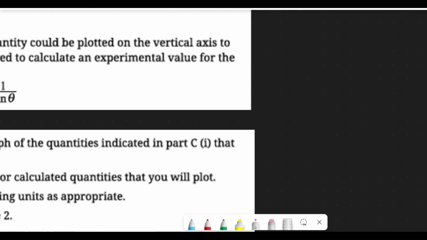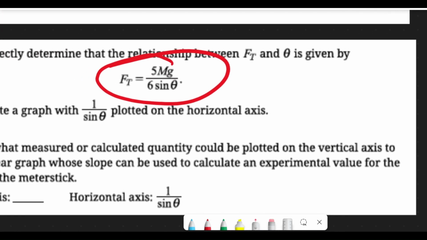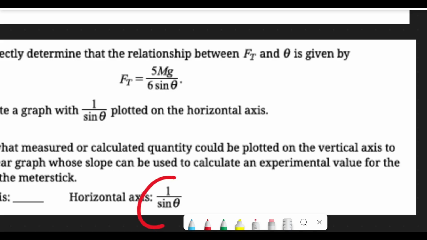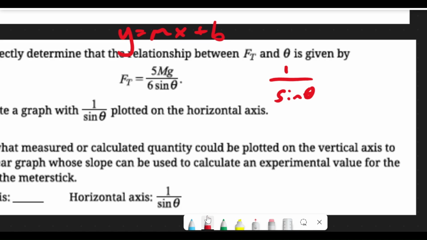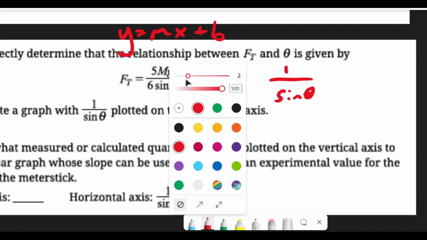So if I have this equation right here, what can I put on the y-axis if I know that my x-axis has this on it? The way that I can think about this is by looking at y equals mx plus b. I know my x is going to be 1 over sine theta. So what does that leave me with in this equation?